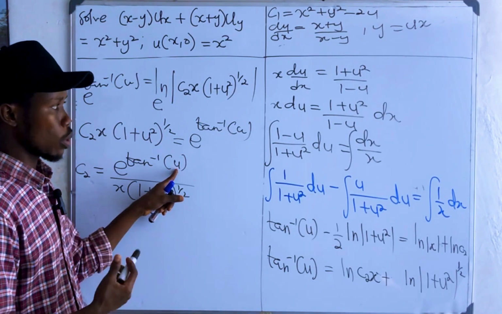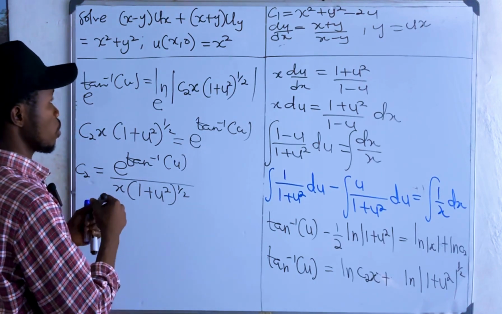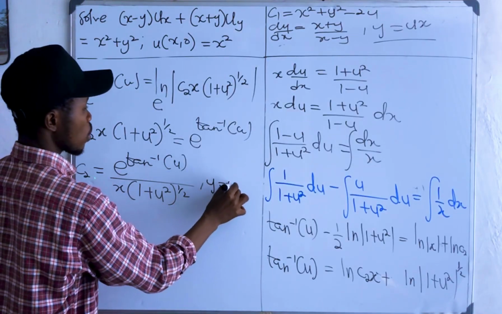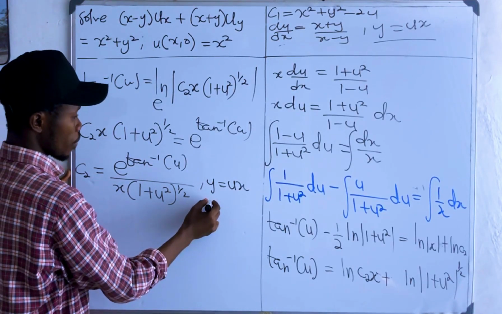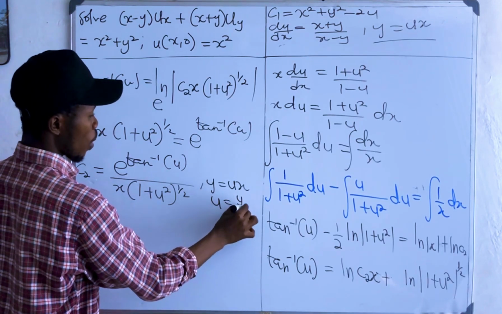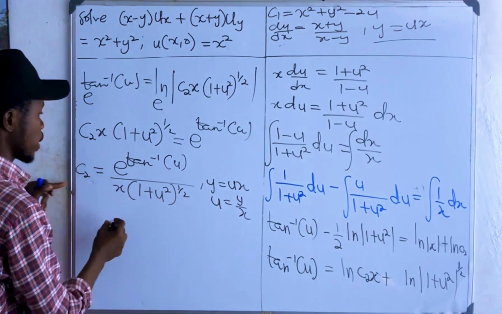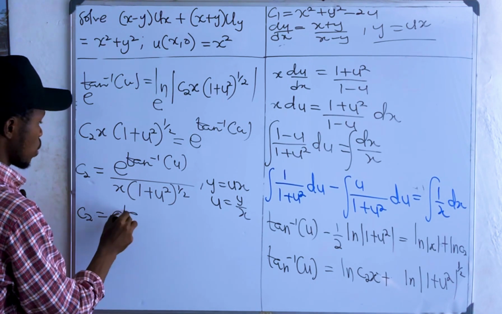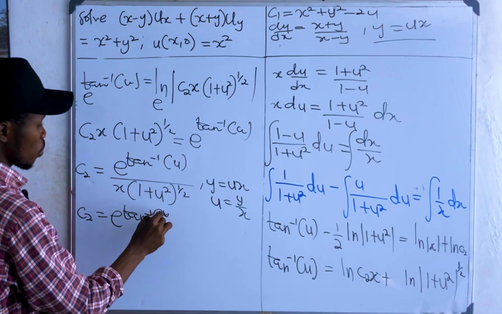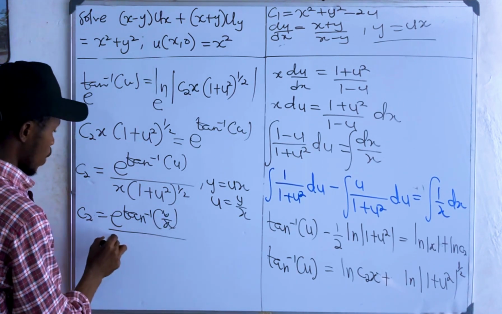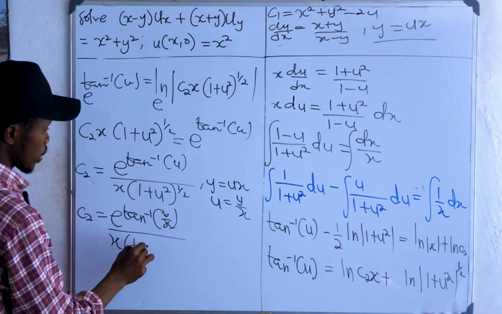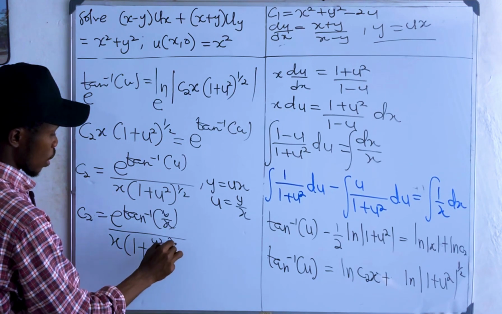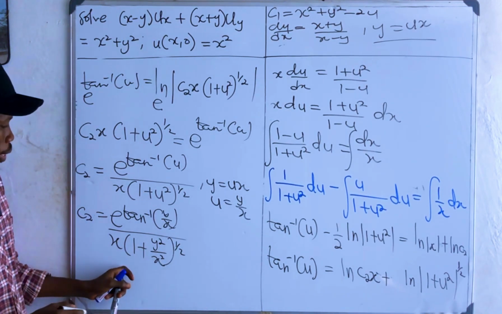But remember that the u is not needed here, okay? We said y equals ux. So if you make u the subject, I'm going to have y over x, which means that whatever you see, you should put y over x there. So c2 will be equal to e to the power tan inverse of y over x, all divided by x times (1 plus y squared over x squared) to the half, like this.